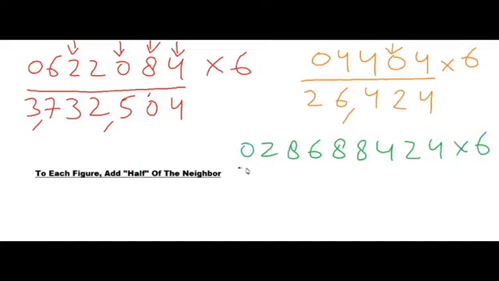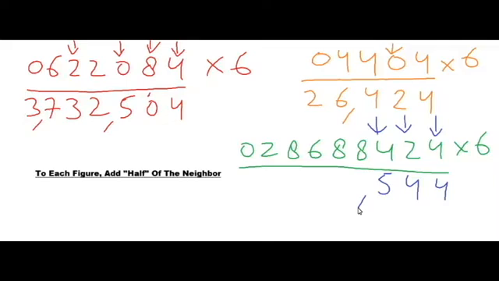Now let me put 0 here, put a line here, and let me change the color. This 4 is our figure, there is no neighbor, so we'll put 4 here. This 2 is the figure, plus the half of the neighbor is 2, so 2 plus 2 is 4 again. And then this 4 is our figure, half of neighbor is 1, so 4 plus 1 is 5. Let me put comma here. This 8 is our figure, 8 plus half of 4 is 2, 8 plus 2 is 10, so we'll put dot 0.